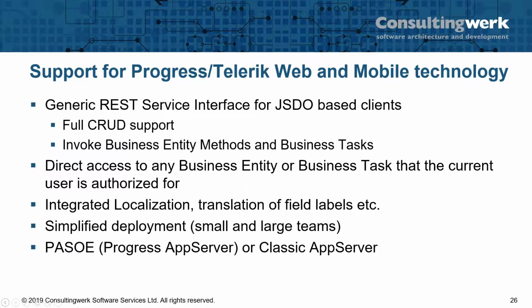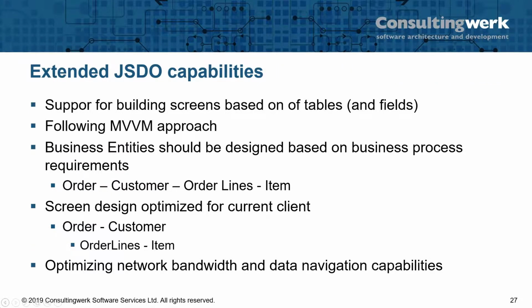I think Progress's approach has its problems. We support that with PAS for OpenEdge and still with the classic app server. Saying still with the classic app server because Progress has announced that the classic app server will no longer be around in OpenEdge 12. So we will also have to stop doing that in the future.